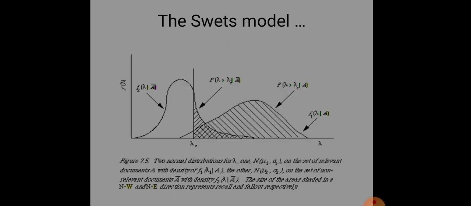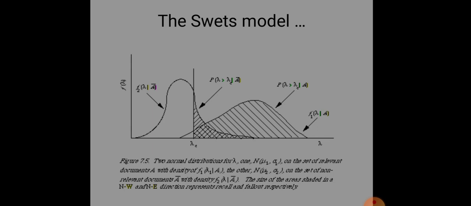Here the first distribution is for irrelevant documents and the second distribution is for relevant documents. So we only require the right distribution curve. That's why it is shaded. That shaded portion is what we need to retrieve.